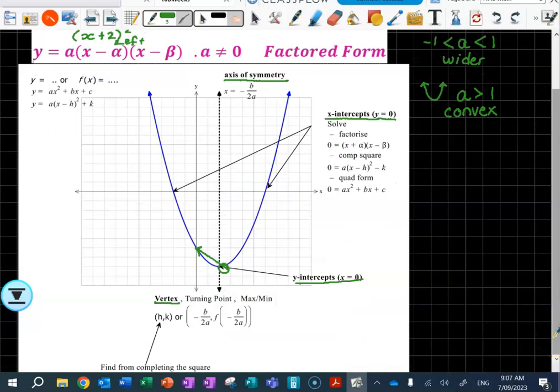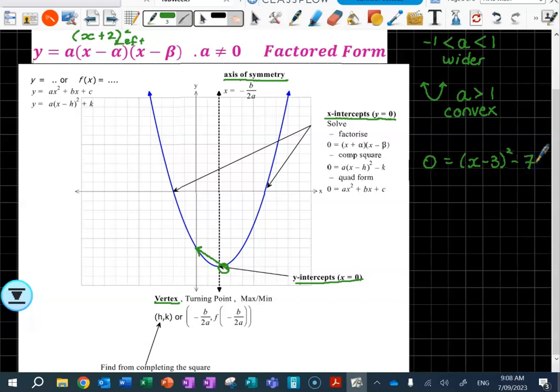To find your x-intercepts, that's when we're solving the quadratic. We make it equal to 0. If it's in expanded form, then we try and factorize it, because that's going to be quick, simple, all is well. If it's given to you in completing the square form, so if it's given as, let's say, 0 equals (x take 3) squared minus 7, what would you do?